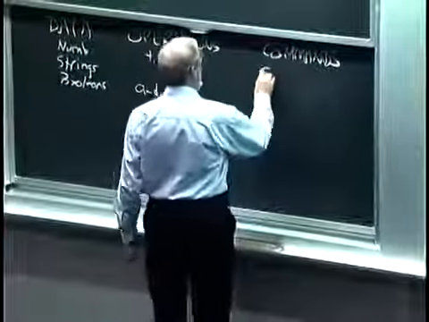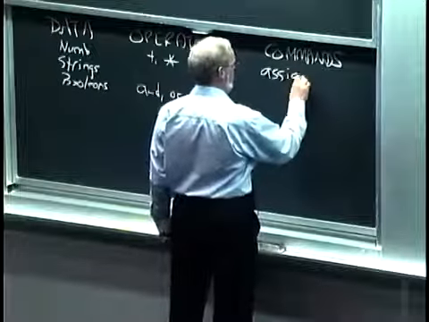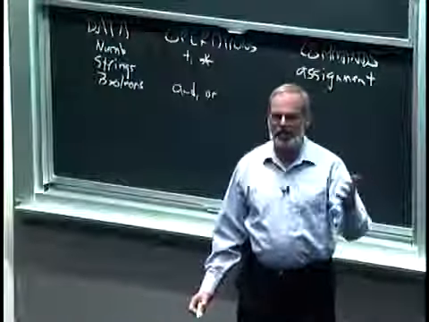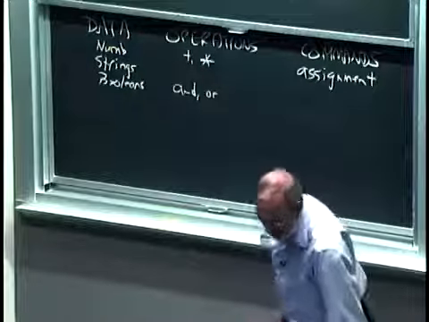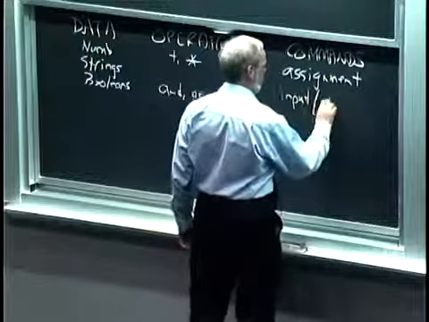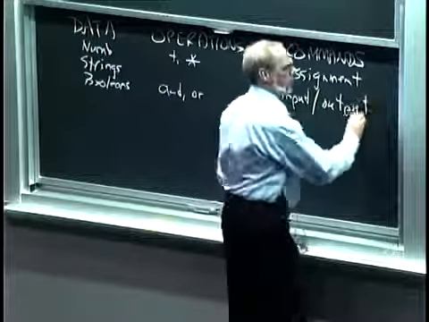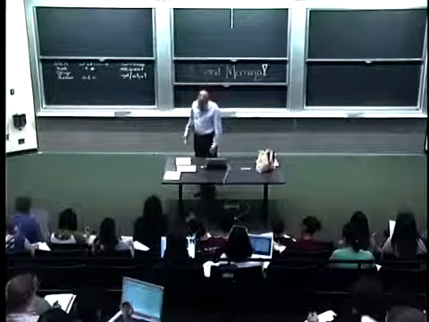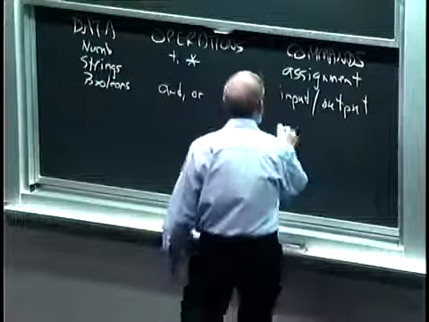And I'm going to suggest we've seen now 4 different things. We've seen assignment, how to bind a name to a value. We've seen input and output. Print for output, for example, and raw input for input. We've seen conditionals.